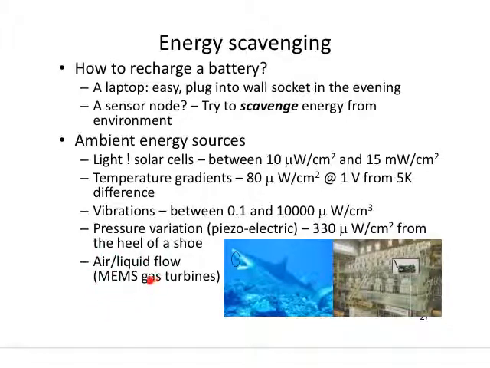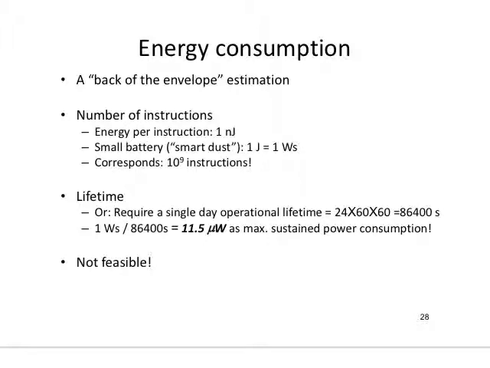The micro electromechanical version is some kind of very minute copy of these big turbines in a small area, and it still uses the airflow to draw energy. These are some examples of energy harvesting that the sensor can use.